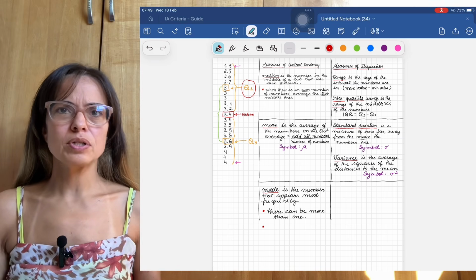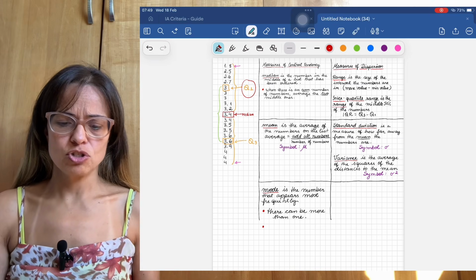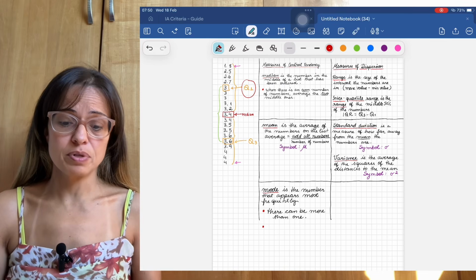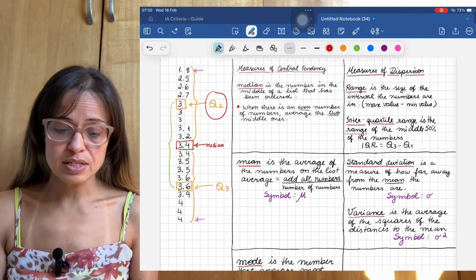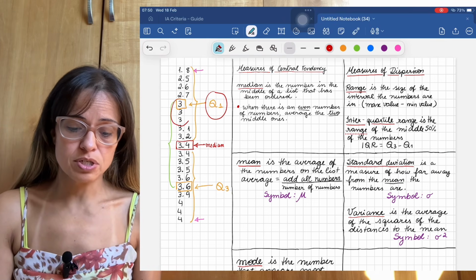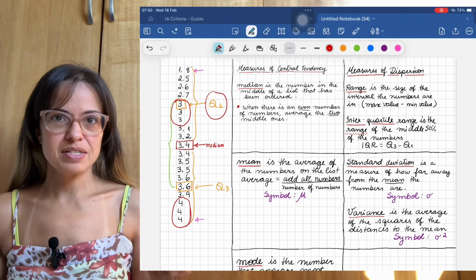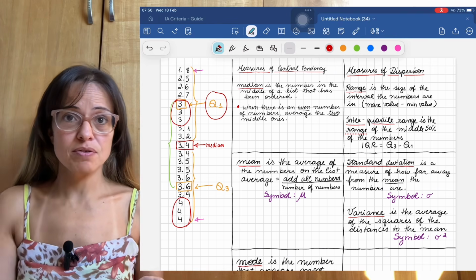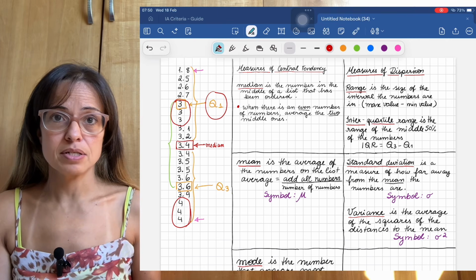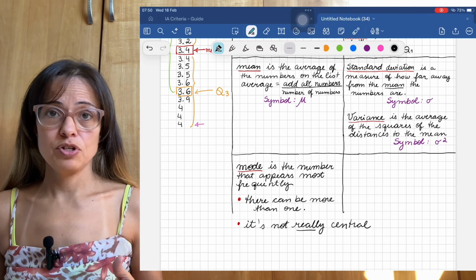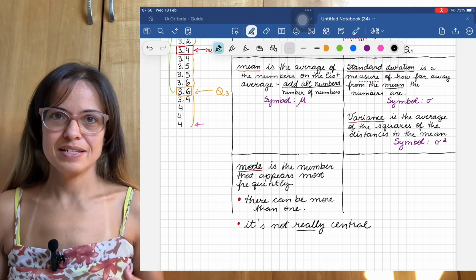But mode is not really looking at the middle of anything. It's just looking at high repetition. And as we can see, sometimes repetition occurs close to the middle, but not always. In this case, we have 3 4s, which is the very highest number on our list. So that would be my second observation here. Mode is not really central.